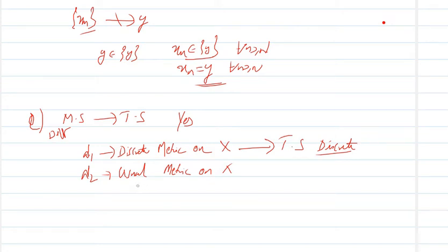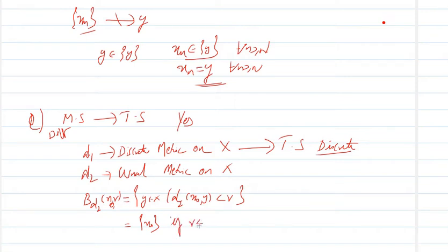Now what about the usual metric D2? For that we can check what is an open set, or an open ball, in D2. The ball B_D2(x0, r) will be the set of all y in X such that D2(x0, y) is less than r, and this will be the singleton set {x0} if the r value is less than 1.